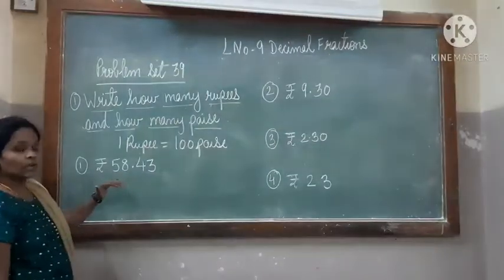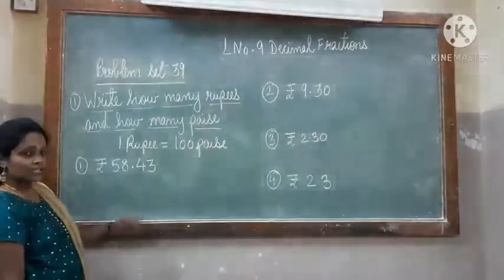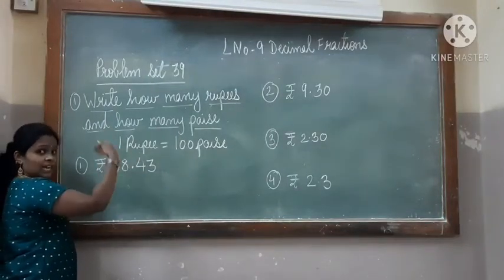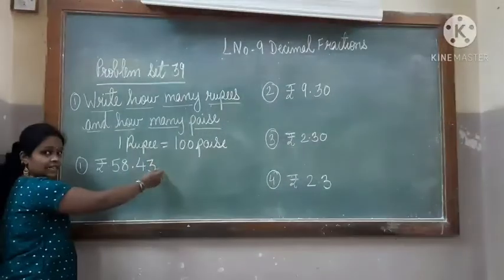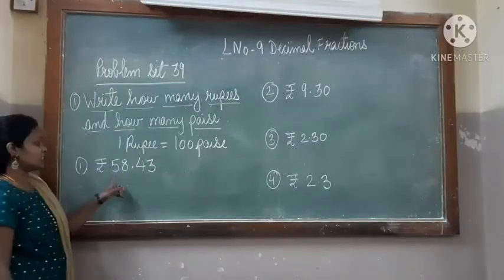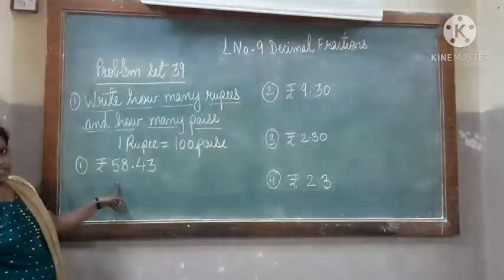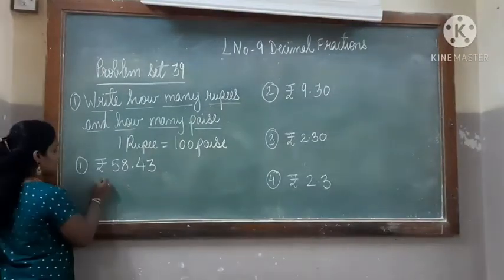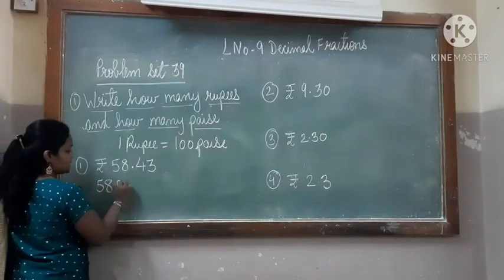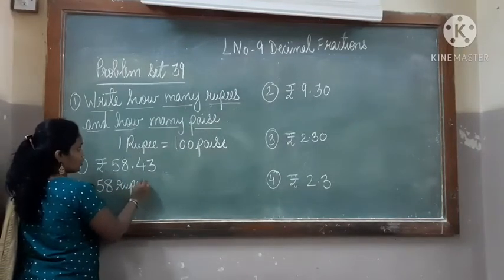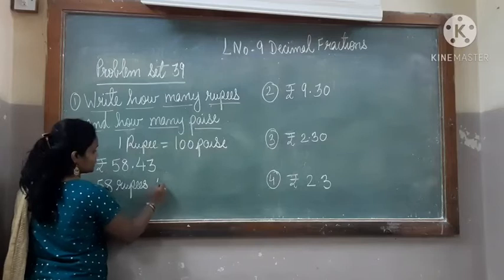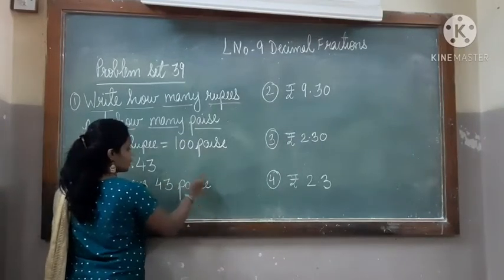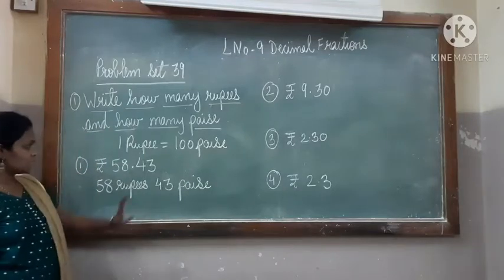So when you want to write the rupees and paise, always keep in mind that after the decimal point, the numbers at the right hand side are always the paise, and those at the left hand side are always the rupees. So how are you going to write? 58 rupees 43 paise.